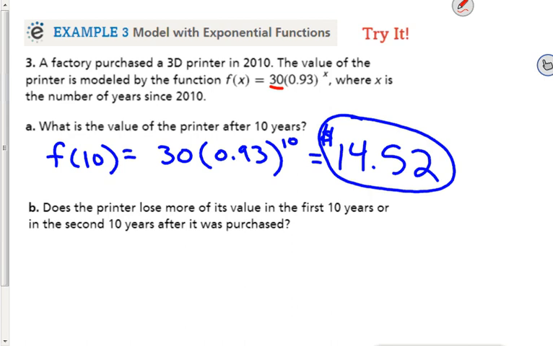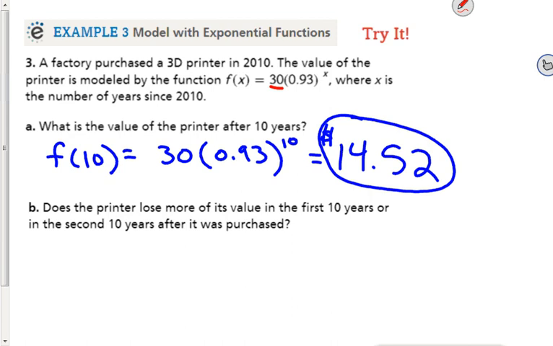Now, the y-intercept on the graph has an x value of 0. Well, in this problem, x stands for time. 0 time would be 0 years after 2010, which means at the beginning of this 3D printer's life. So that 3D printer initially had a value of $30.